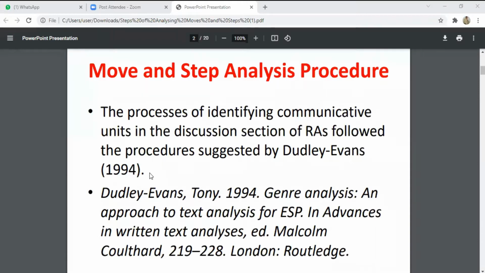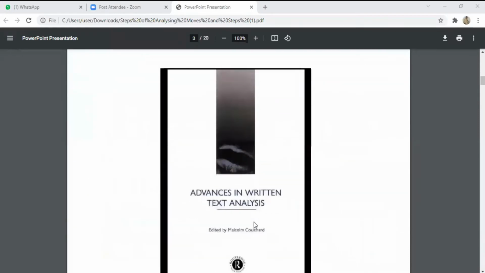I gave you the reference already. This is the reference: Dudley Evans, 1994, Genre analysis: an approach to text analysis for ESP, in the book titled Advances in Written Text Analysis, by Malcolm Coulthard, 1994. Hopefully you have read the chapter. This is the book.